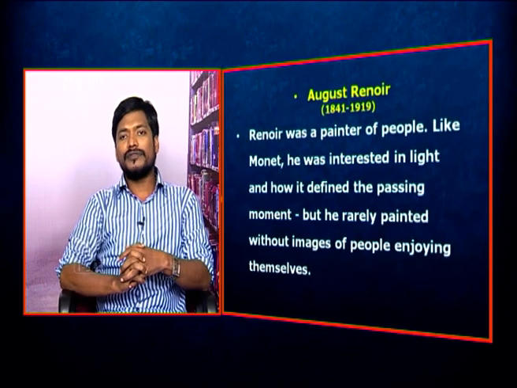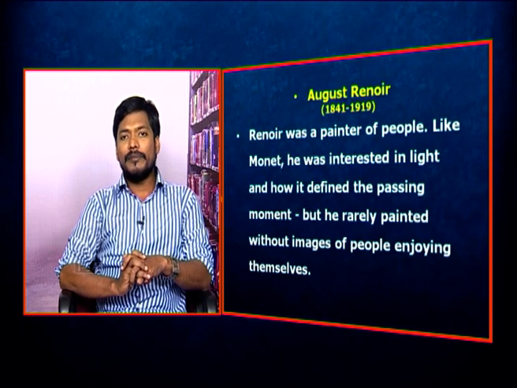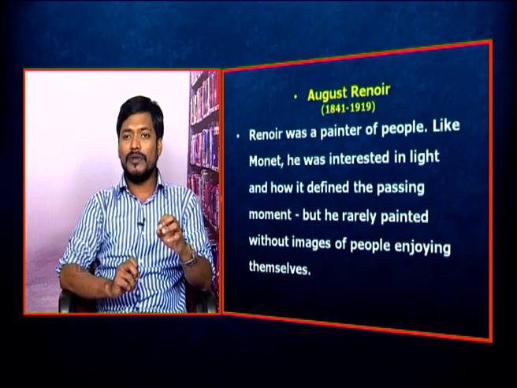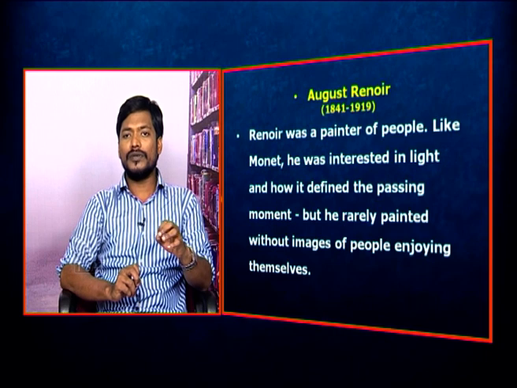Like Monet, he was interested in light and how it defined the passing movement, but he rarely painted without images of people: people having pleasure, people enjoying. It is important to know that these are always modern people.